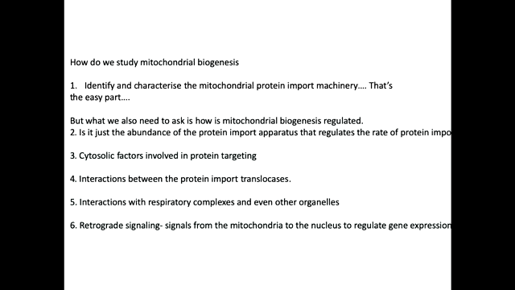We have a lot of chaperones that need to deliver that protein to the mitochondria. We really don't know anything about which cytosolic factors, how they are regulated, how specific their binding is, whether they have specificity. But we know that they need to be there to maintain these proteins in an import competent state.